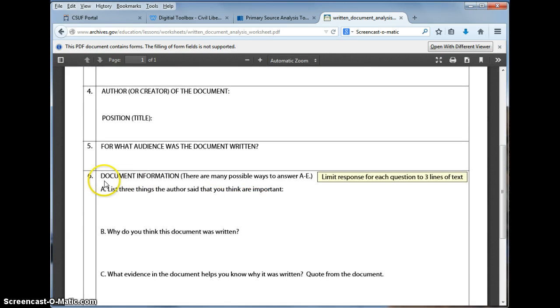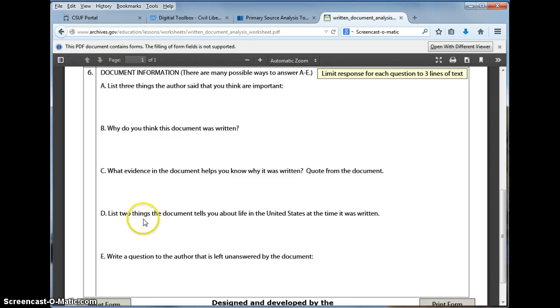And then here, document information. Now, the questions are much more specific and explicit in what they want. Here we have a question that says, list 3 things the author said that you think are important. We here have, list 2 things the document tells you about life in the United States at the time it was written.